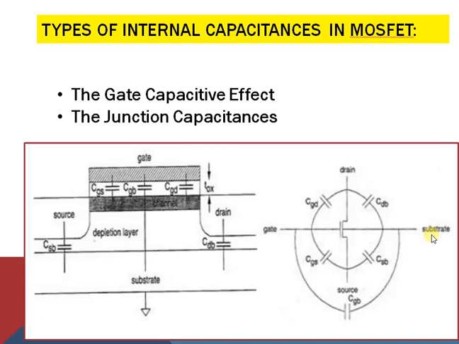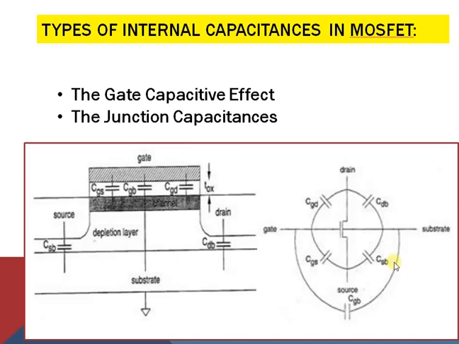So we have 5 capacitances in total: CGS, capacitance between the gate and the source, CGD, capacitance between the gate and the drain, CGB, capacitance between the gate and the body, CSB, capacitance between the source and the body, and CDB, capacitance between the drain and the body. Each of these subscripts indicates the location of the capacitance in the model.